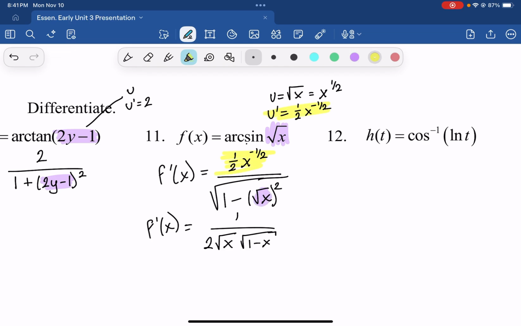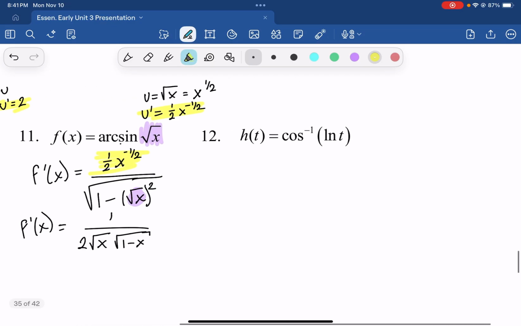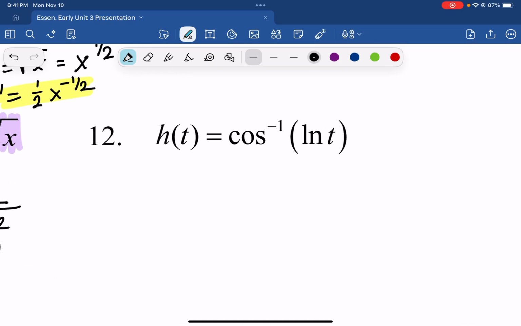Okay, I'm just kind of color coding stuff so you can see what kind of things start showing up. Okay, next one. h of t equals arccosine, or cosine inverse, of the natural log of t. So that natural log of t, that's our u. So our u prime is 1 over t.